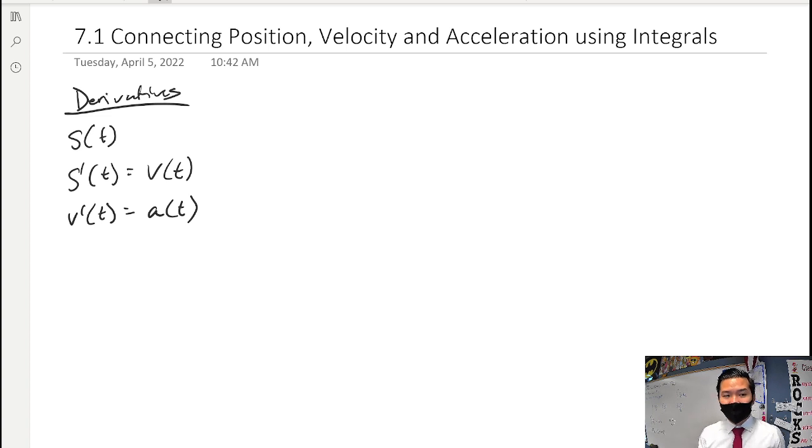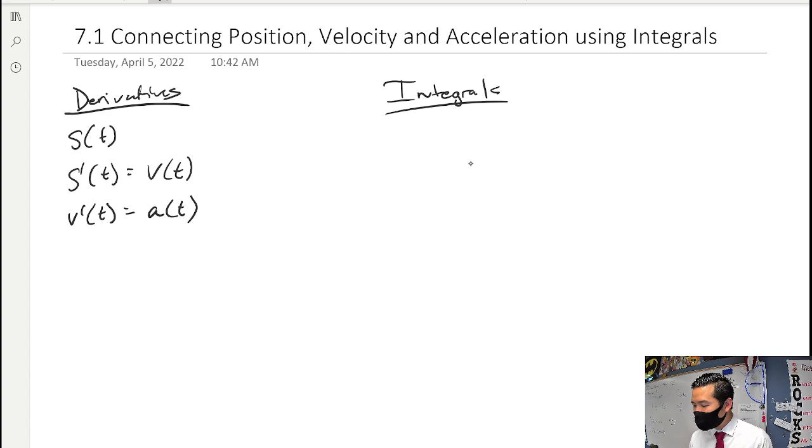Now, here's where it gets a little bit different, not exactly the same, okay? So let me see if I can get this correct for you. When you start dealing with integrals, it's a little bit different.